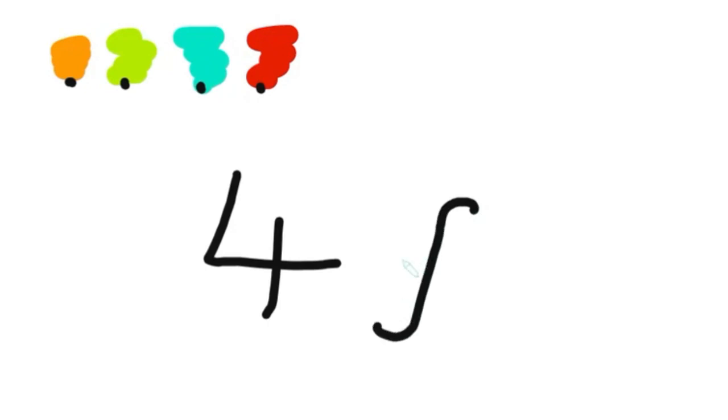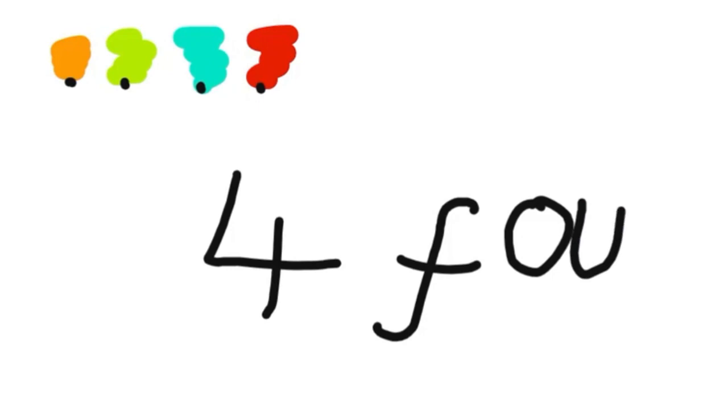So here's my letter F. There we go. What letter do you think might be next? The next letter is O, which makes the sound O, O, O. What's next? The next one's the letter U, which makes the sound oo, oo, oo.